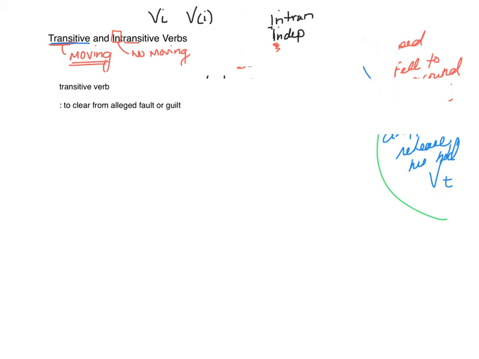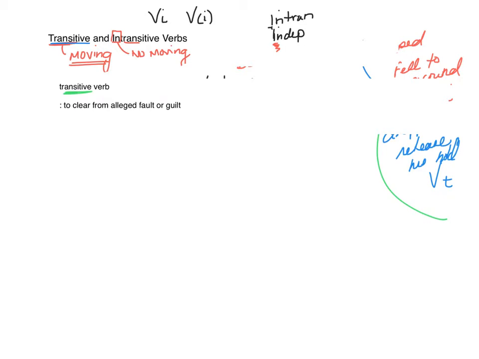Okay, let's say you have a vocabulary exercise and you look up the verb exculpate. It's part of the culp root word, which means guilt. And so you have exculpate, and the dictionary tells you transitive verb, and many dictionaries will simply say transitive verb.